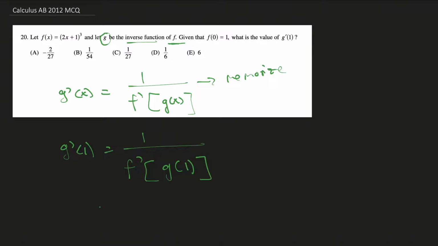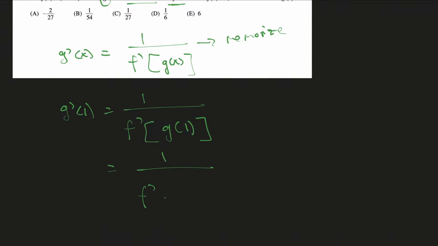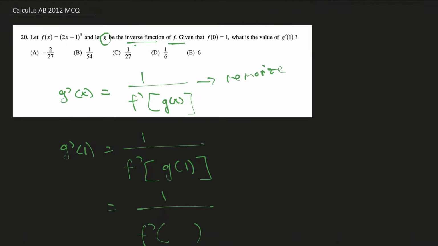And then g of 1 would be equal to... Now, what do you think would be the value of g of 1? They tell us g is the inverse of f. Because this is the inverse, we just have to swap the x's and the y's.